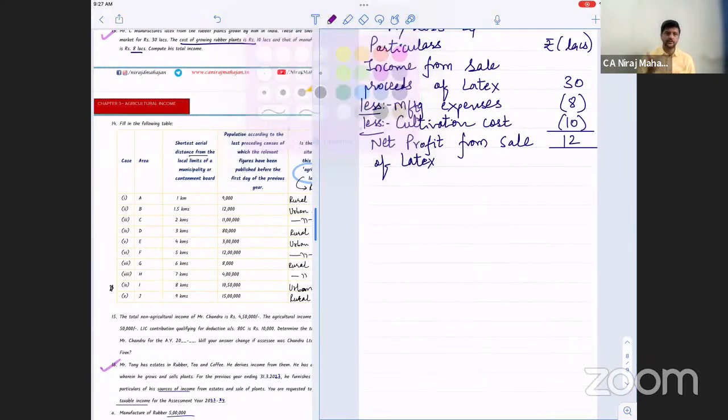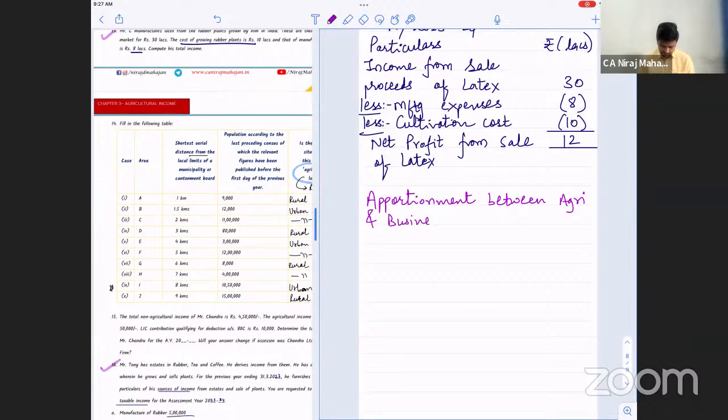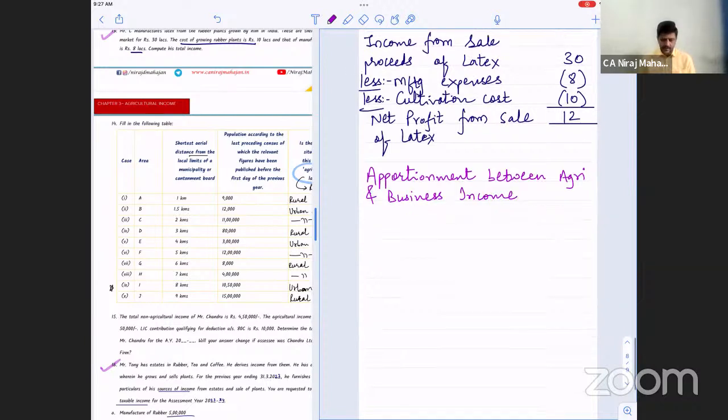So now we'll do the bifurcation, apportionment, right? Next line, write down: apportionment between agri and business income as per Rule 7A.